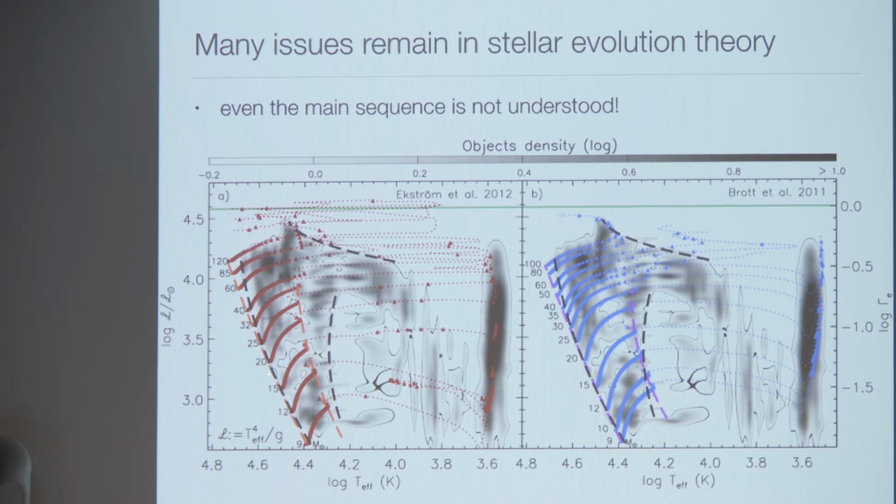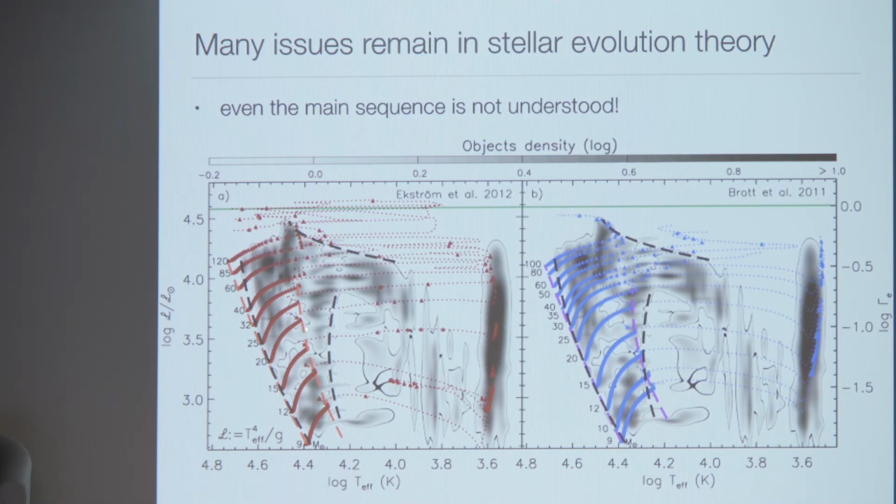But if you compare in detail, this is what the stellar evolution theory predicts. This is from the Geneva stellar tracks. They predict the hydrogen starts to burn here, and as you can see, this end is consistent with what we observe. But the other end, where the hydrogen stops burning, is here.